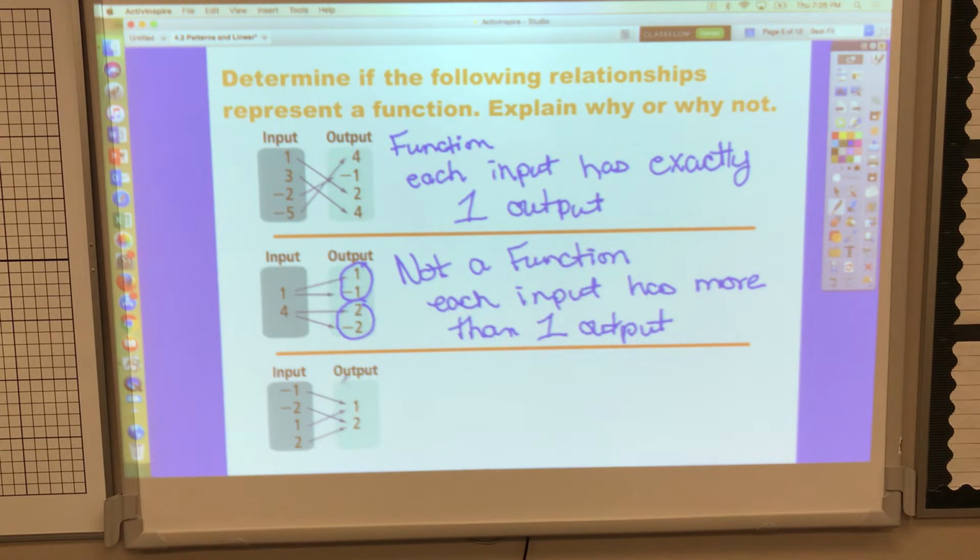So even though there's only 2 outputs, and these outputs have multiple inputs, it is a function, because each input only has one output. It doesn't matter how many numbers the output is paired with, as long as each input is only paired with one number.